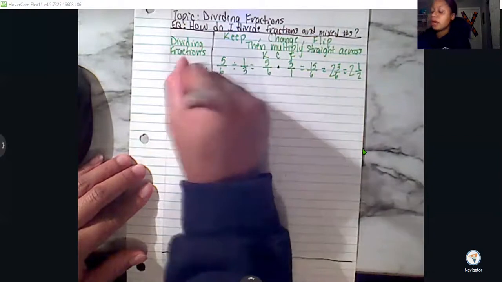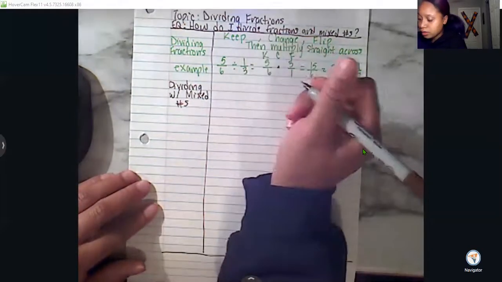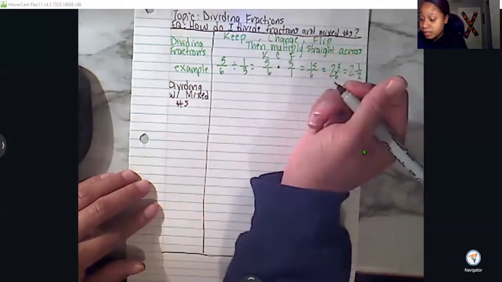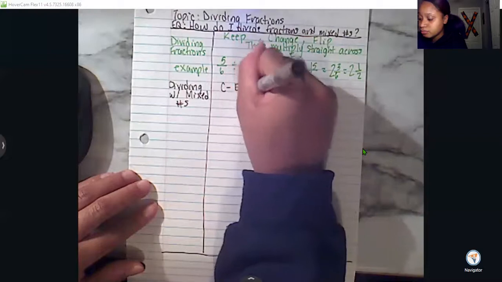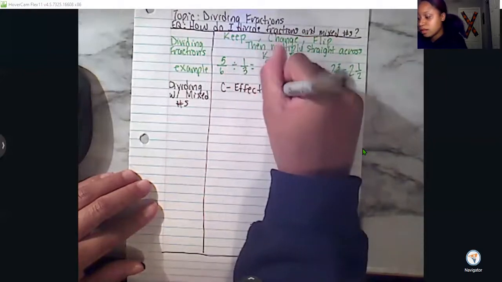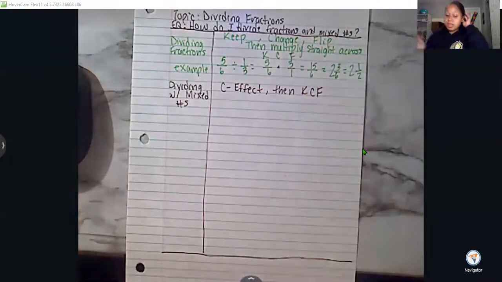Very similar to how we multiplied, the only additional step now is that we have to change the mixed number to an improper fraction. So we have to use the CF again. Same process: first CF, then KCF, just like before.